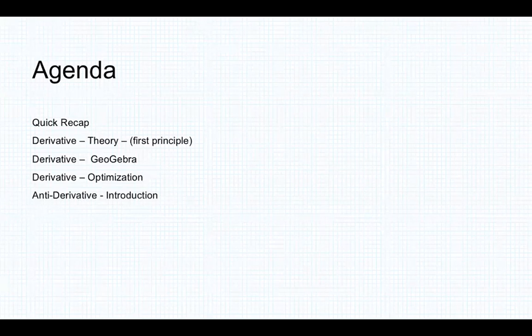We will see what we mean by optimization and how we can use the very idea of derivative to solve many problems, especially equations which are changing, and find the maximum or minimum value. And at the end, we will have a quick introduction to the antiderivative, which is also called integration sometimes.